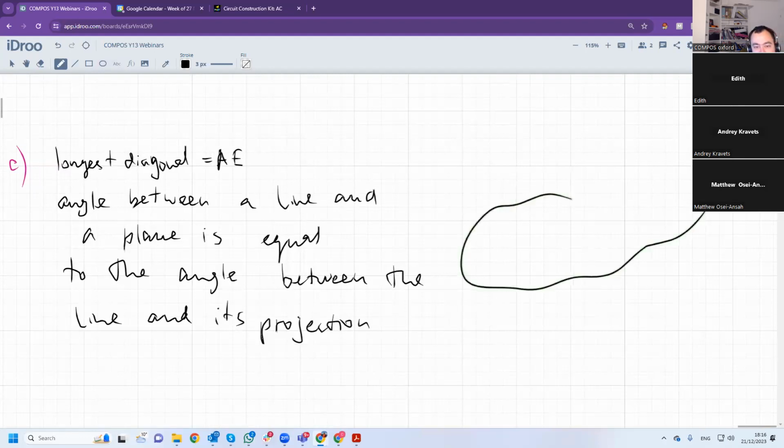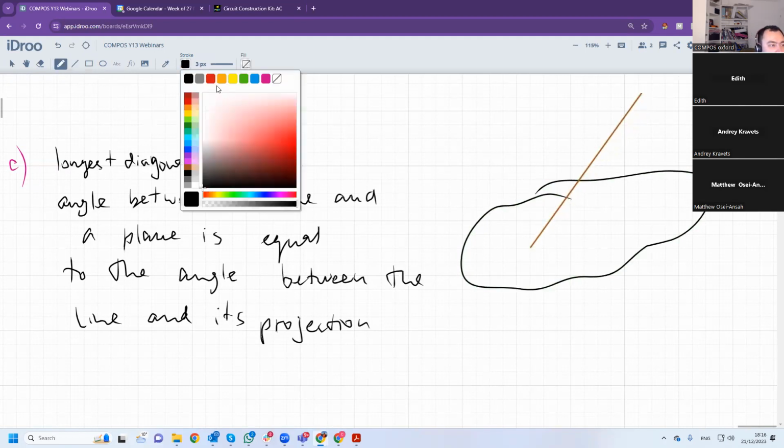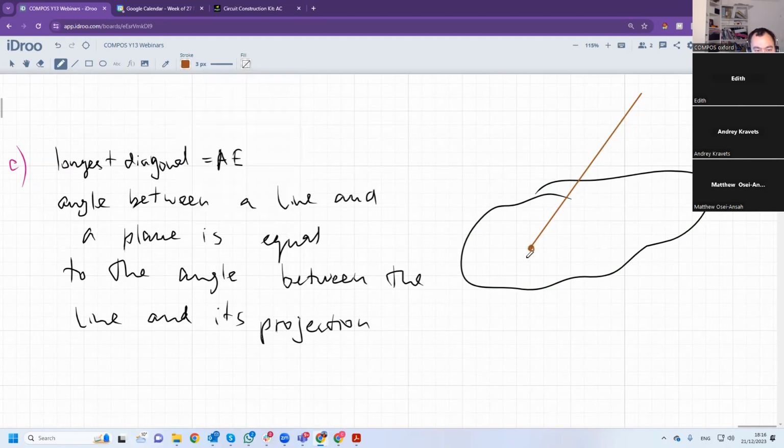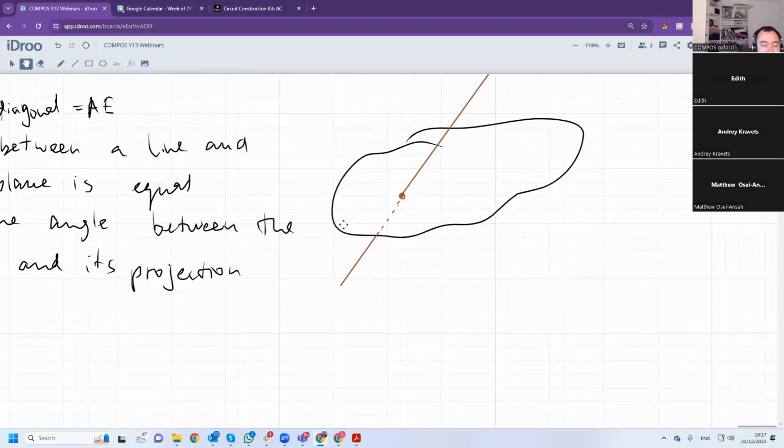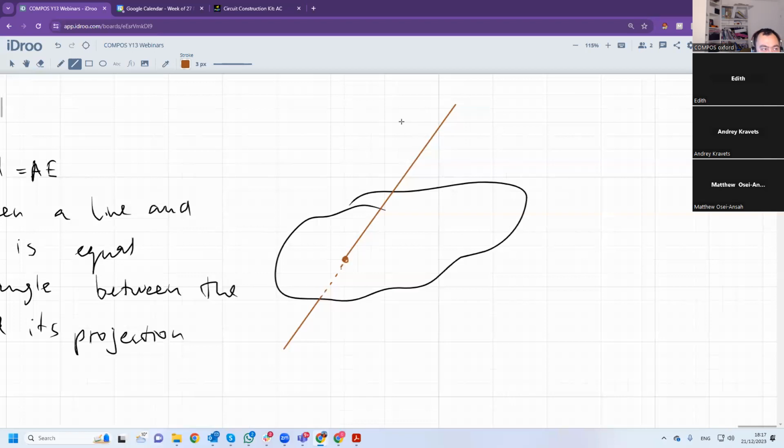So if you have a plane and a line, this is a line passing through a plane, line L, passing through plane, let's say alpha.